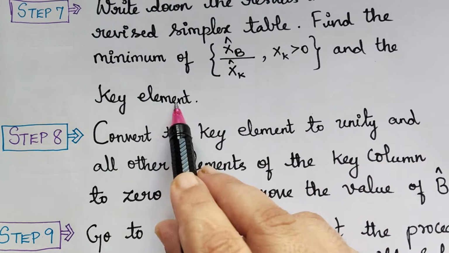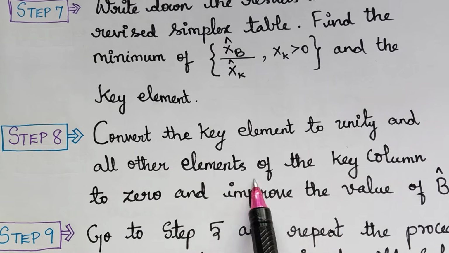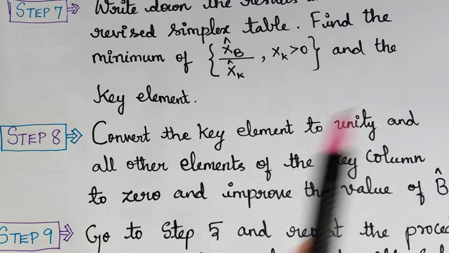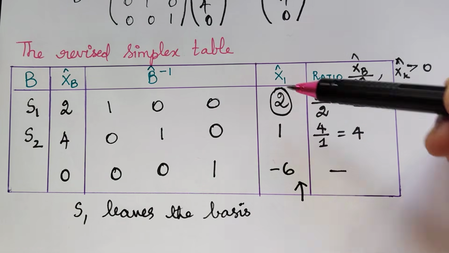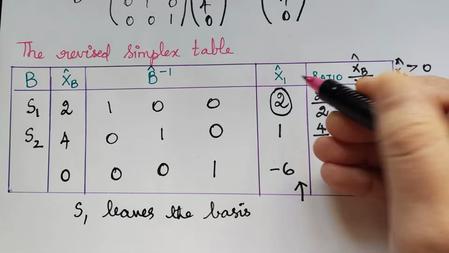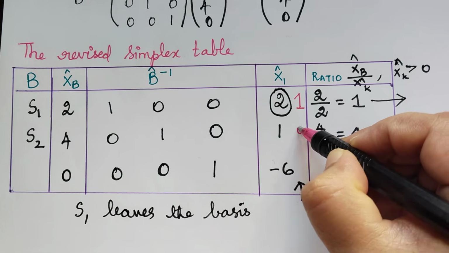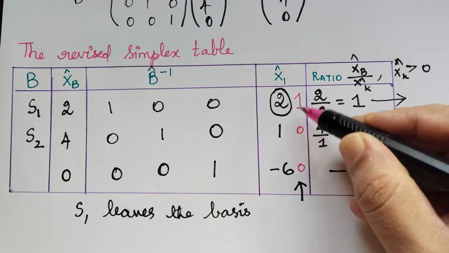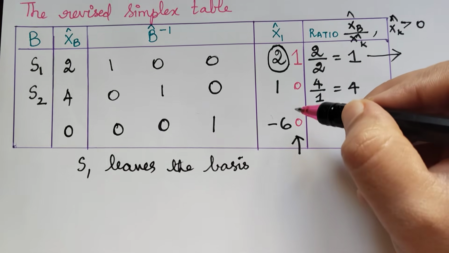After finding the key element, we have to convert the key element to unity and all other elements of the key column to 0 and improve the value of B cap inverse. So this is the key column. So this is the key element. We have to convert this key element to unity, that is 1, and make these elements of the key column 0. And we have to improve the value of B cap inverse.